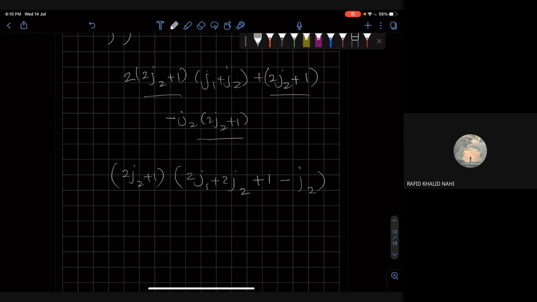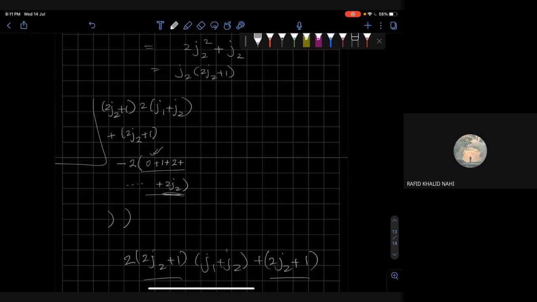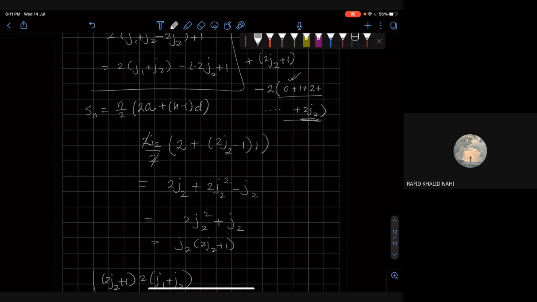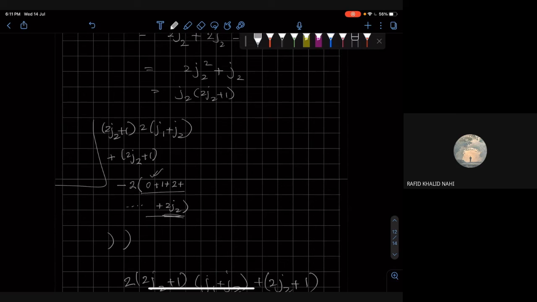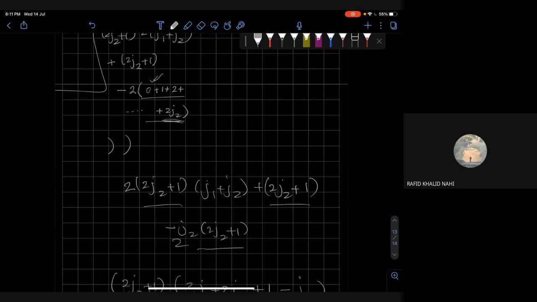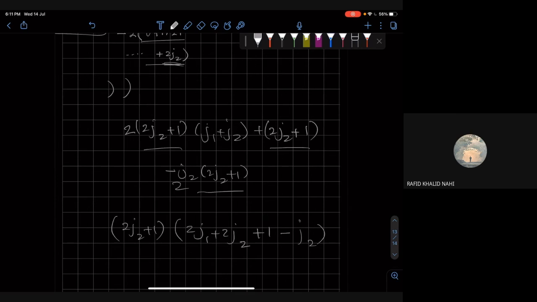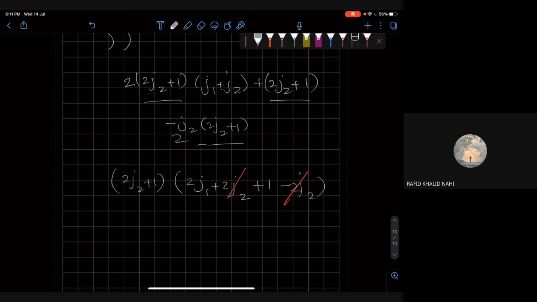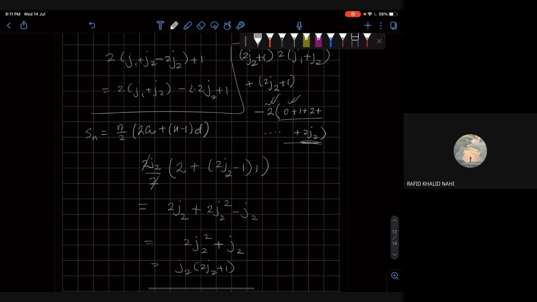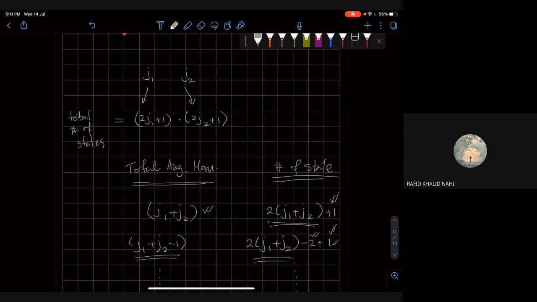I think I'm missing a factor of 2 somewhere. There is a factor of 2 here, see? Which I forgot in the sum, so there should be a 2 here. Then this thing will cancel this thing, and we will have 2j2 plus 1 times 2j1 plus 1, which is exactly this number.